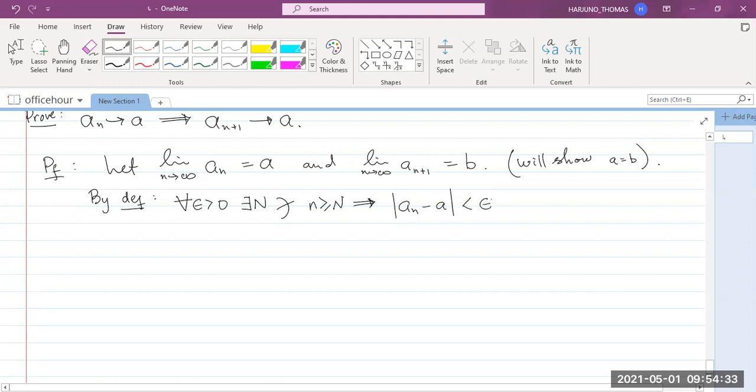Now, do you understand this one? For every epsilon positive, there is a capital N such that for any term after that capital N term, the distance of the sequence from the claimed limit A is less than epsilon.